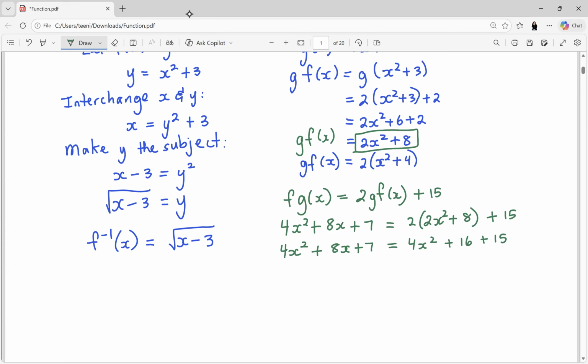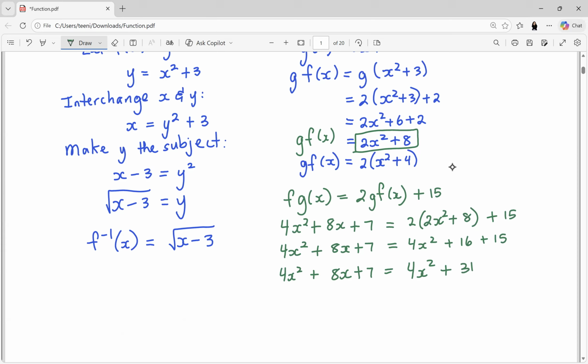All right, so let's simplify. So this would be 4x squared plus 8x plus 7 equals 4x squared plus 16 plus 15. 16 plus 15 is 31.